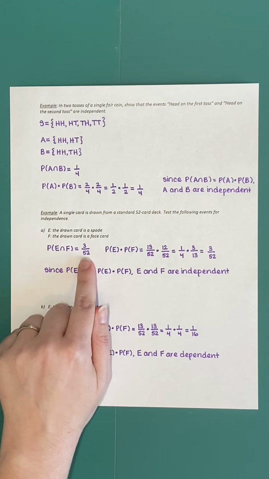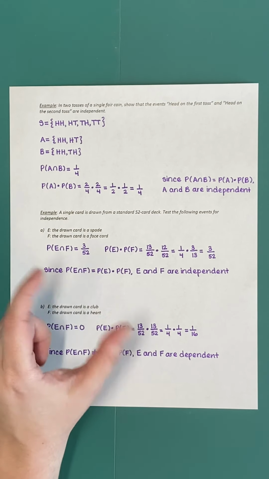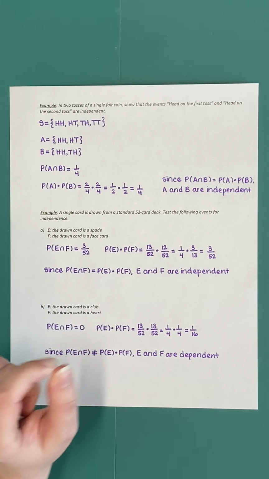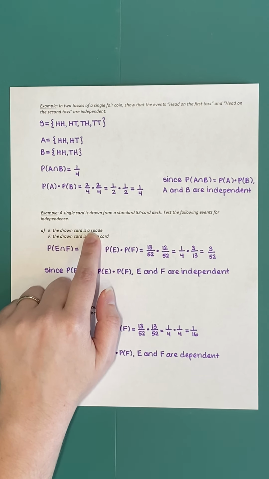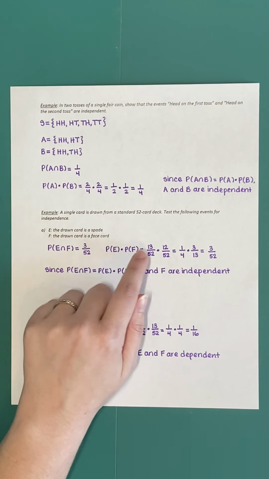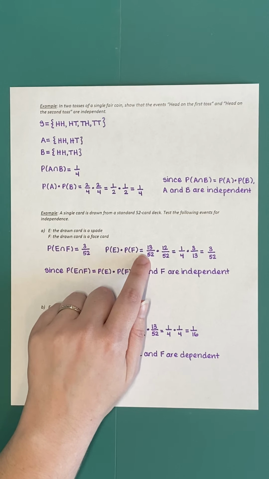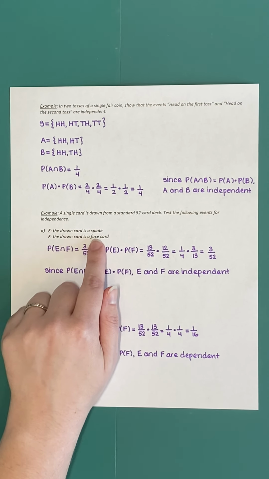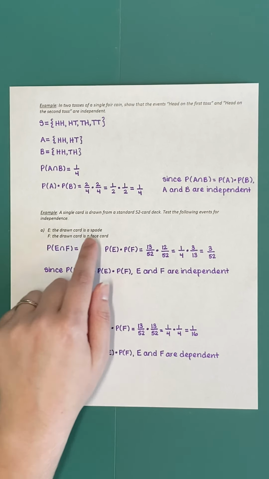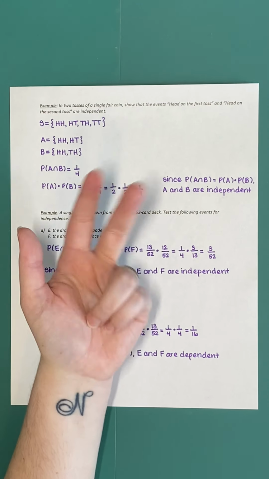Okay, now to that we want to compare the individual probabilities, then multiplied together. So what's the probability that we get a spade? Well, how many ways are there to get a spade? There's 13 spades in the deck out of 52, so the probability is 13 out of 52. And what about getting a face card? Face cards, again, are jacks, queens, and kings. There's 3 per suit, and there's 4 suits.